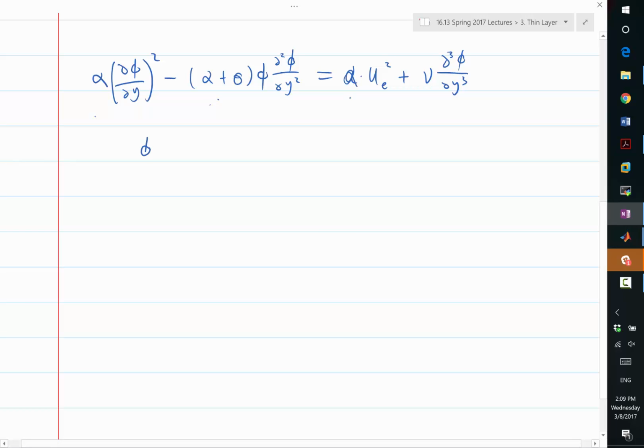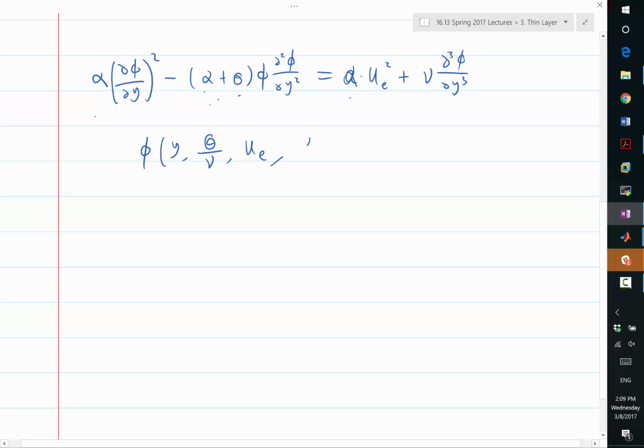So here, again, we can write phi as a function of y. And previously, the parameters are theta over nu and UE. Now in this case, we have one more parameter, right? Alpha and theta are the same unit, right? Otherwise, you can't add them together.